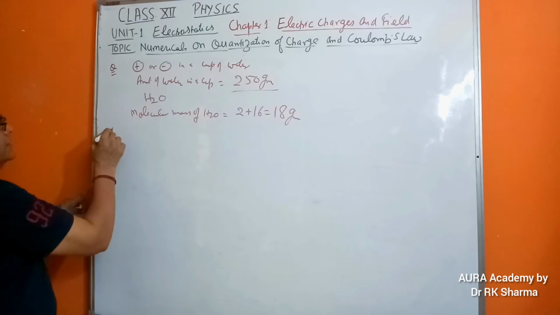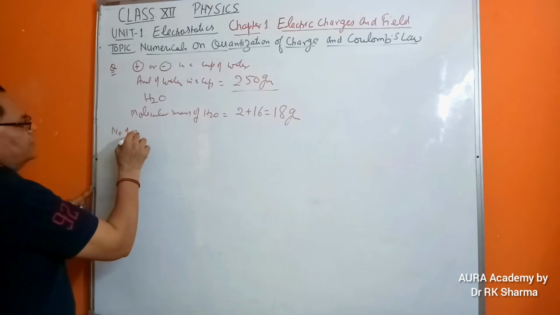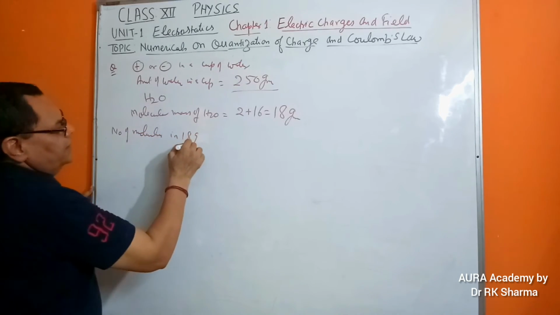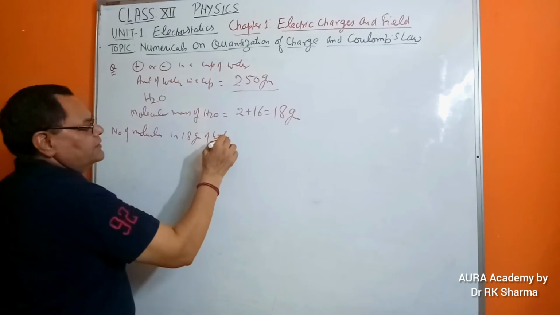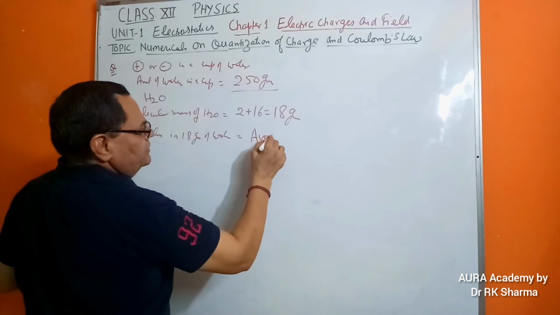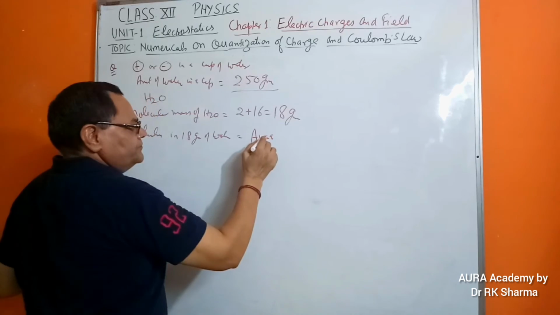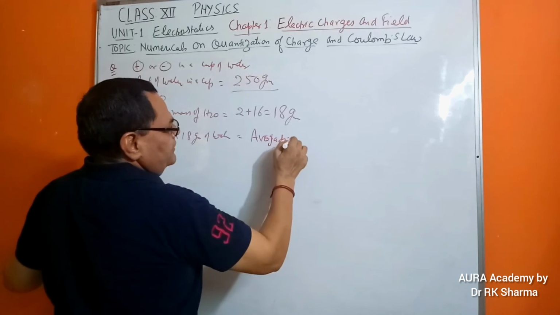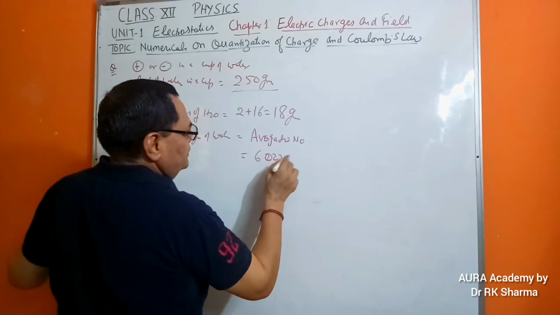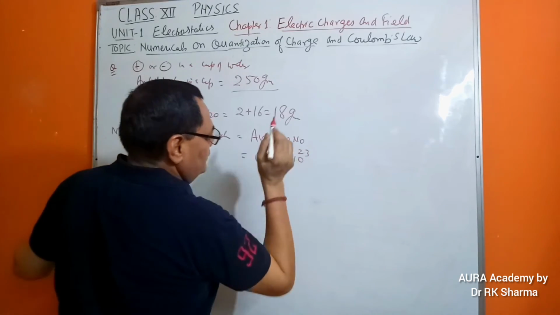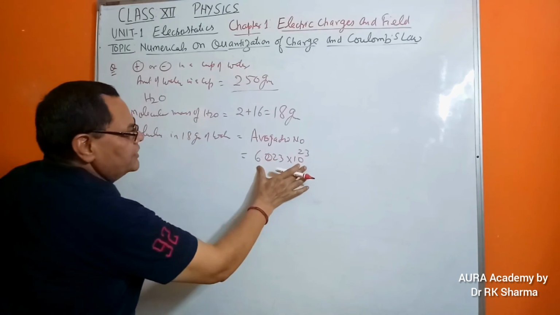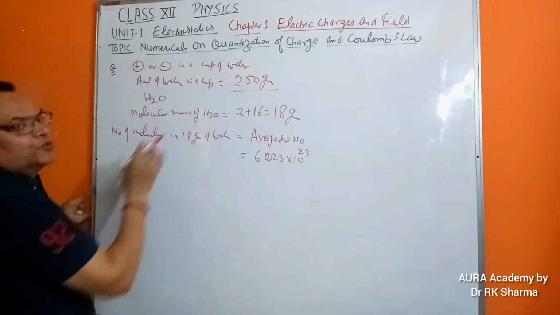So the number of molecules in 18 grams of water is equal to the Avogadro's number, which is 6.023 into 10²³. So in 18 grams of water, these many molecules are there, but we are having 250.